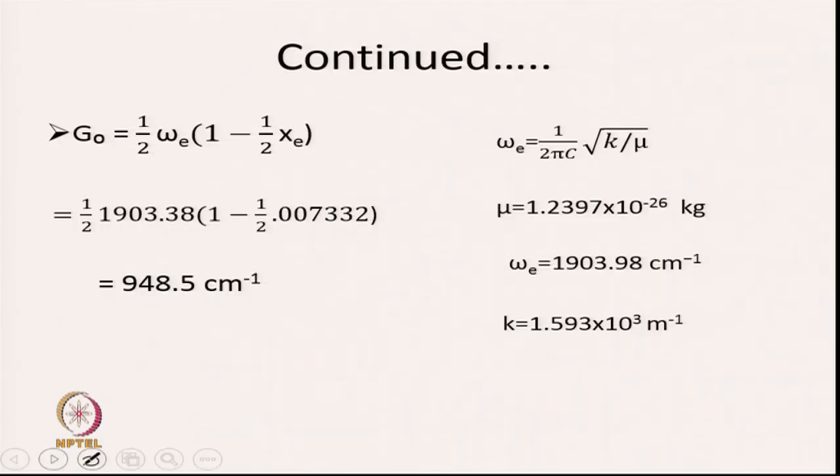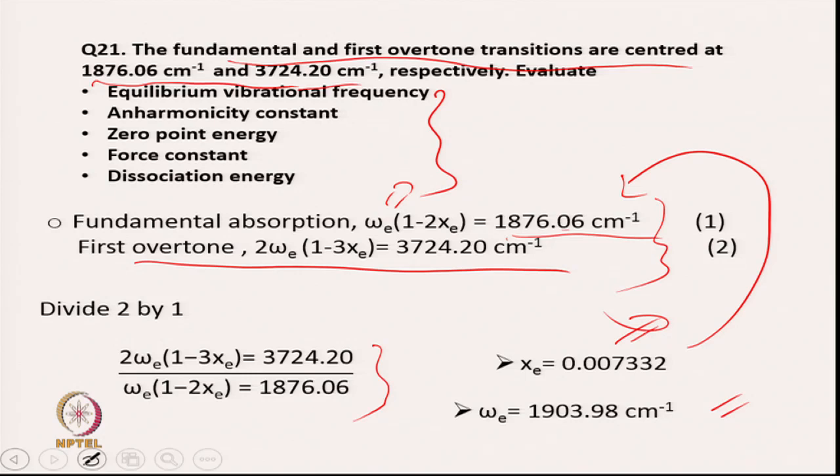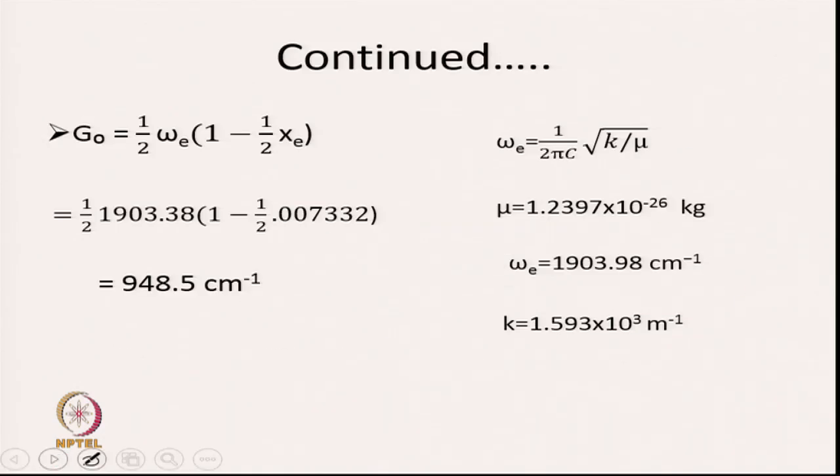Now, once you know the value of omega e and x e, you can calculate G 0, which is basically the 0 point energy, and the 0 point energy is given by this equation. This equation has already been discussed in the last 2 lectures.